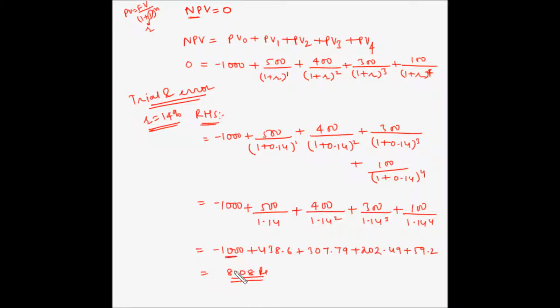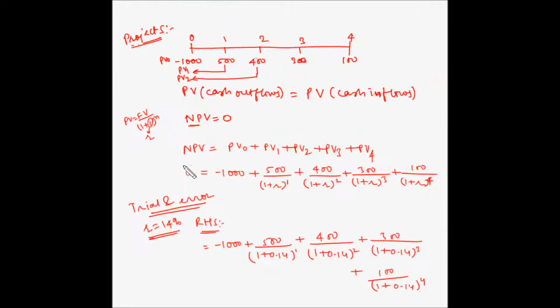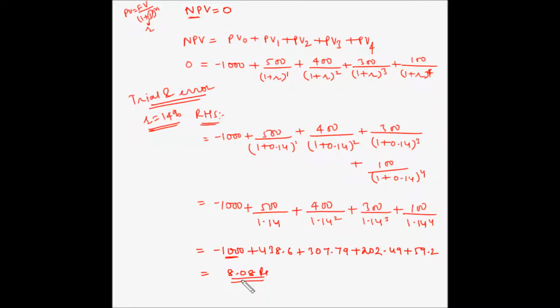So we had a negative sign for the cash outflow and positive signs for the cash inflows. So the net right hand side value is 8.08 rupees, which is greater than 0. The left hand side is 0, whereas the right hand side is 8.08.